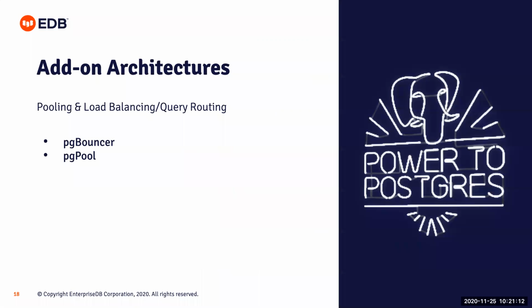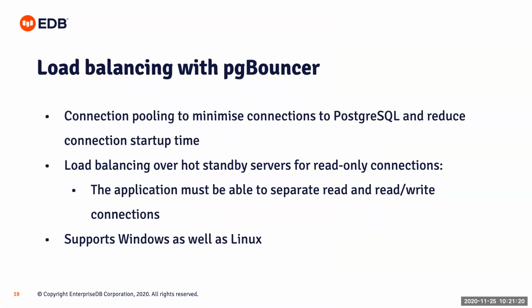So connection pooling and load balancing, and why is that necessary? Well, the idea behind this is to limit the number of connections to Postgres. One of the things where Postgres differs from another very large and well-known database brand is that every connection to Postgres is an operating system process, whereas in some other cases it is a thread. And so you can say that connection pooling is built into the other database.